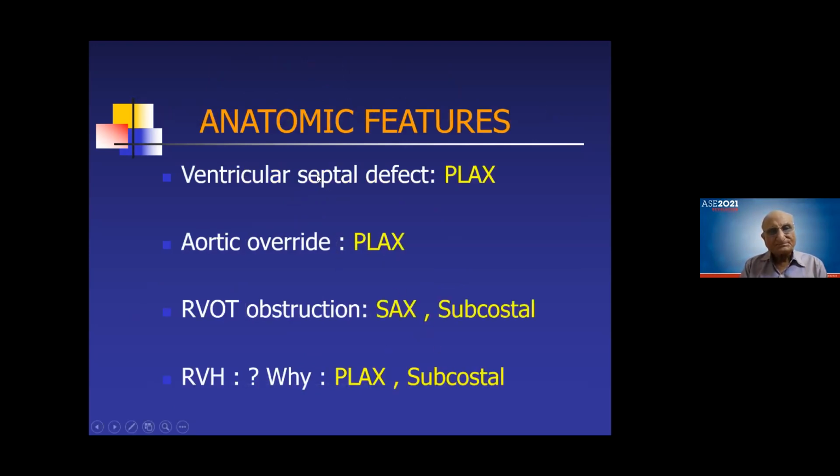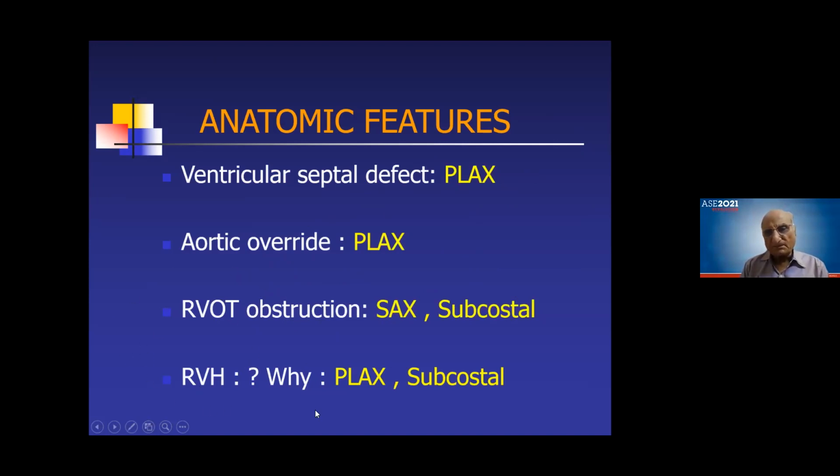So in Fallot tetralogy, tetralogy means that there should be 4 lesions. One is a ventricular septal defect, which is best seen in parasternal long axis view. Then there is an aortic override, best seen in a parasternal long axis view. Then there is a severe RVOT obstruction, which is seen from a short axis and subcostal, and then right ventricular hypertrophy.